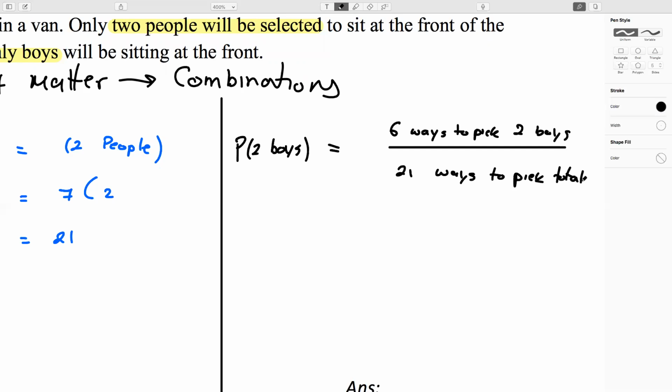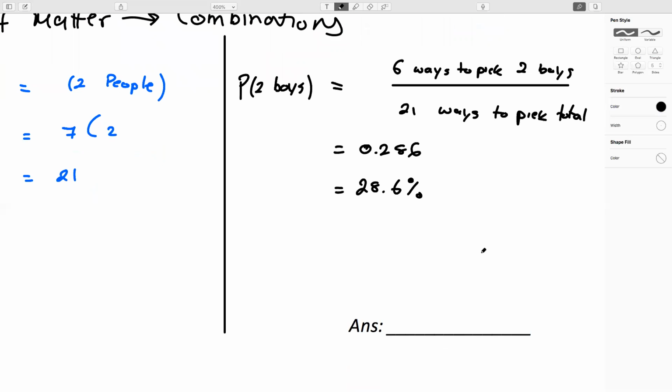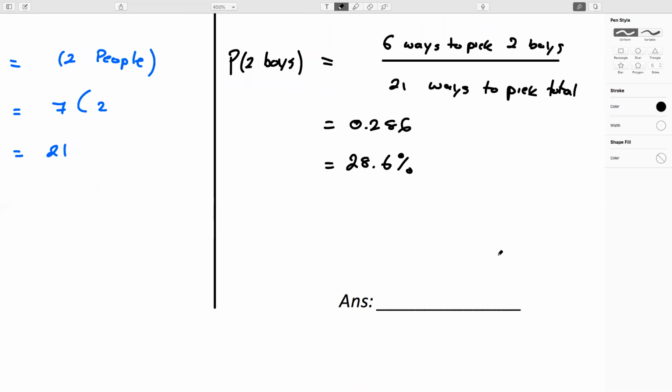So 6 over 21 gets me a probability of 0.286. If we want to turn that into a percentage, we have to multiply by 100. So 0.286 is 28.6%. What's the probability that the 2 will be boys? Well, it's 28.6%. Roughly 30% of the time, you'll pick 2 boys at random.